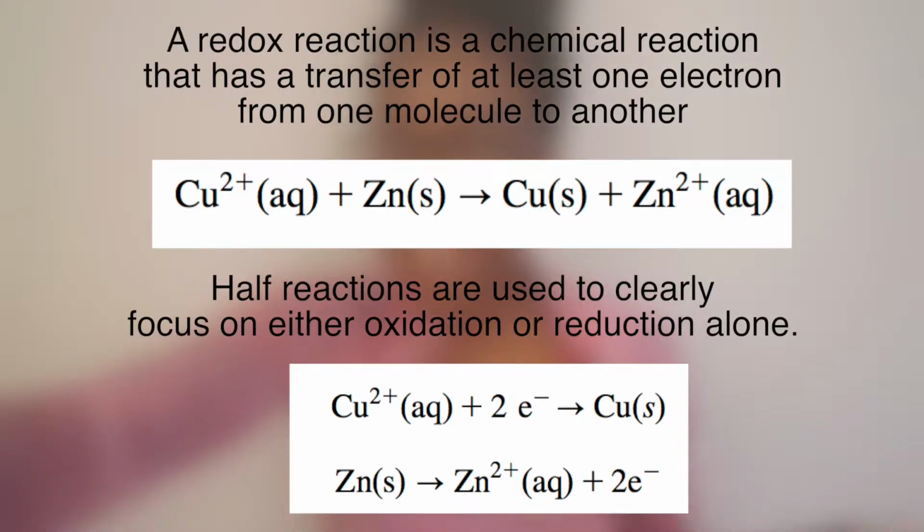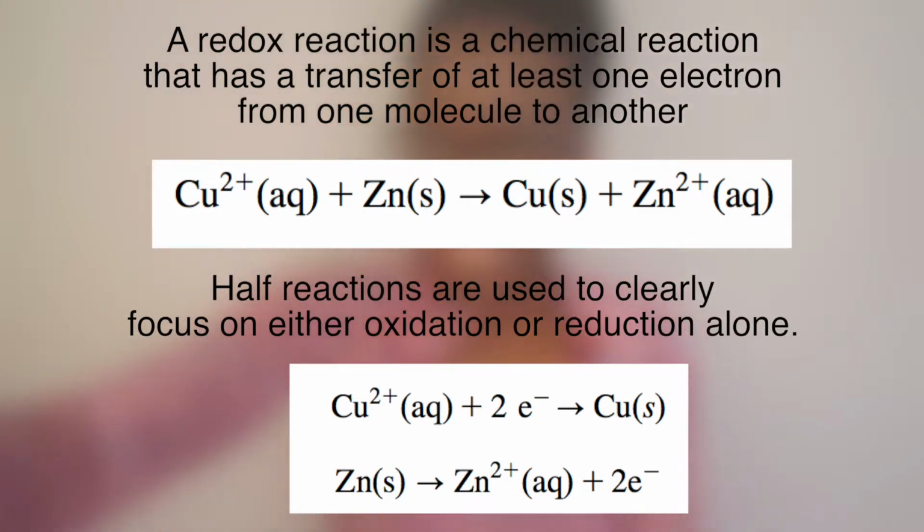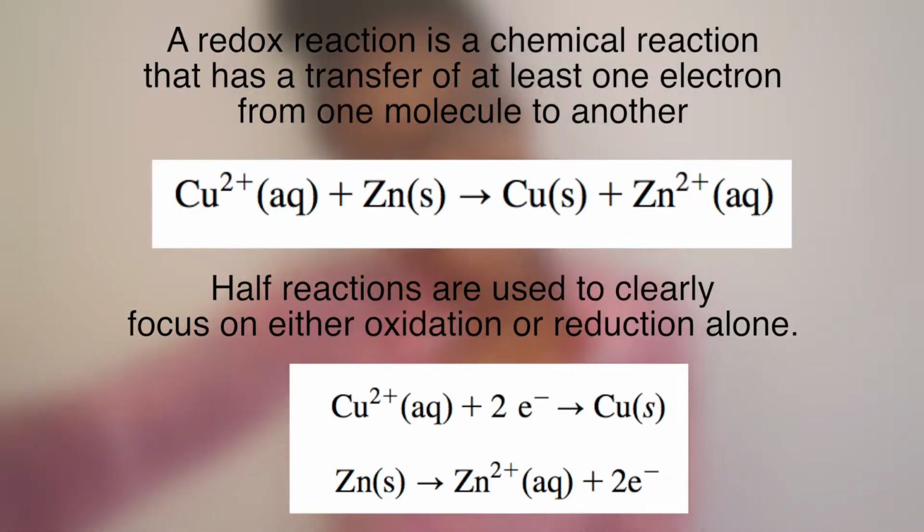As stated before, redox reaction actually allows for electrochemical measurements to be made. And a redox reaction is a chemical reaction that has a transfer of at least one electron from one molecule to the other. Some substances are actually capable of removing or transferring electrons.